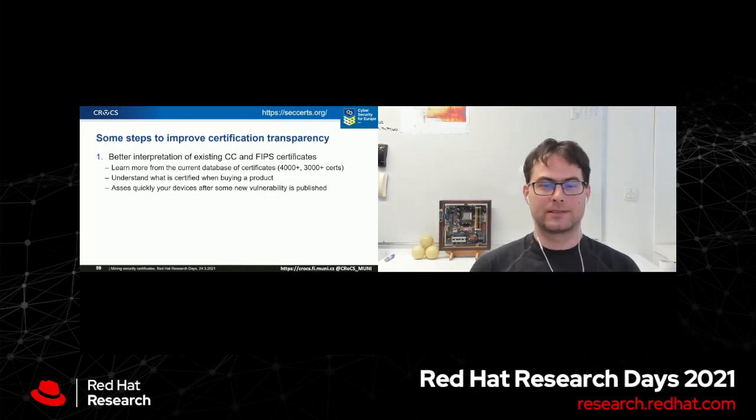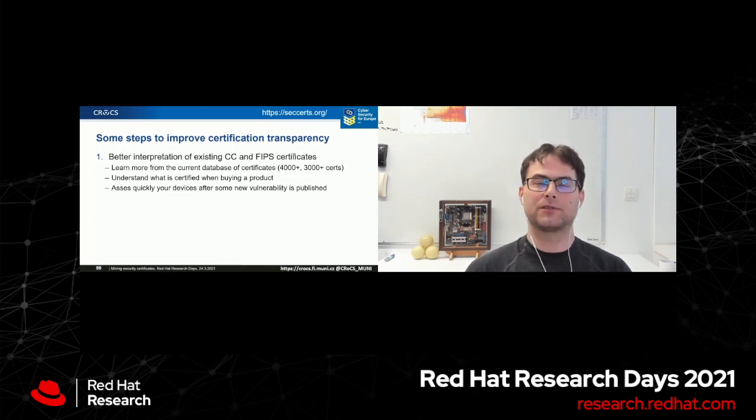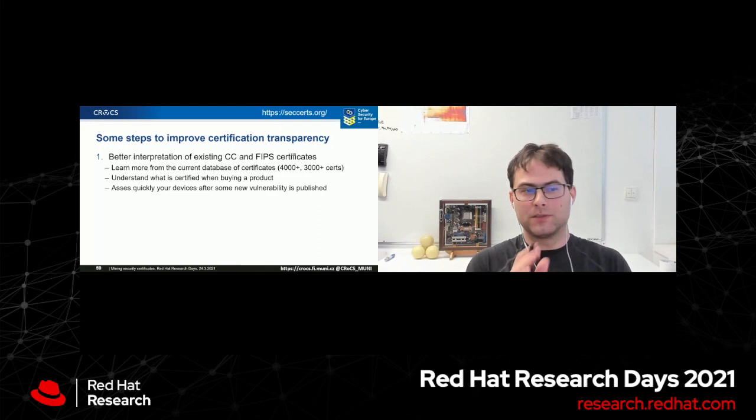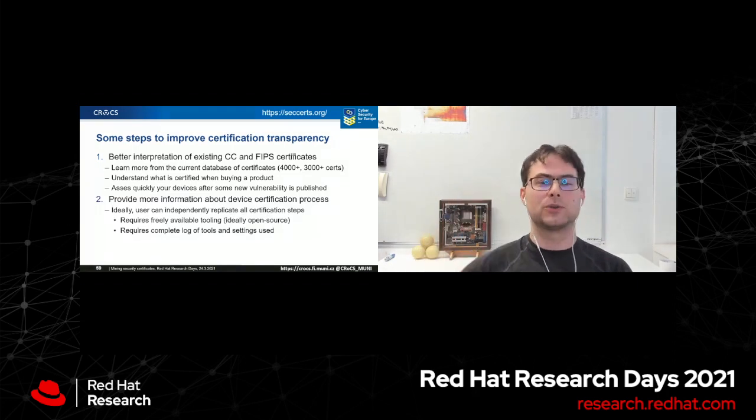Then another, future step is to generally provide more information about the device certification process. Over time, there were multiple vulnerabilities. We found some of them, but just a few, and many others were found, despite the fact that everything was frequently certified to high levels.